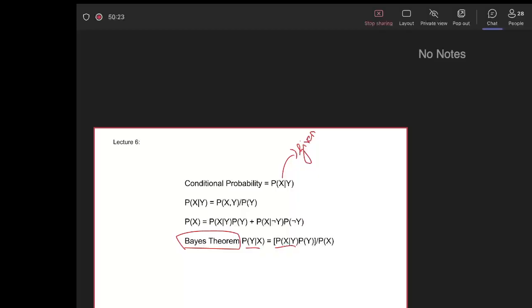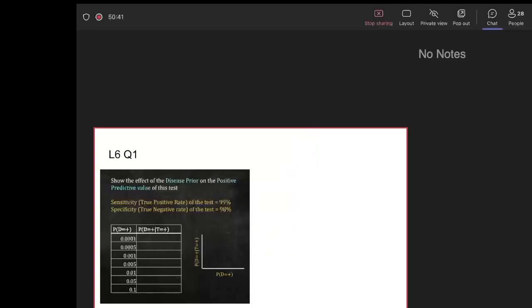The formula is: probability of y given x is equal to probability of x given y into probability of y, divided by probability of x. These are the main concepts from the sixth lecture. Now let's discuss a question related to the sixth lecture. You can take a few minutes to solve this and then we can discuss it.